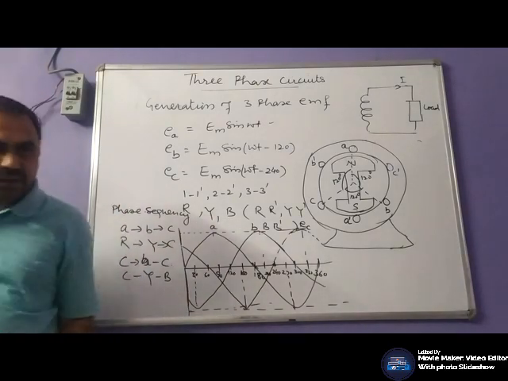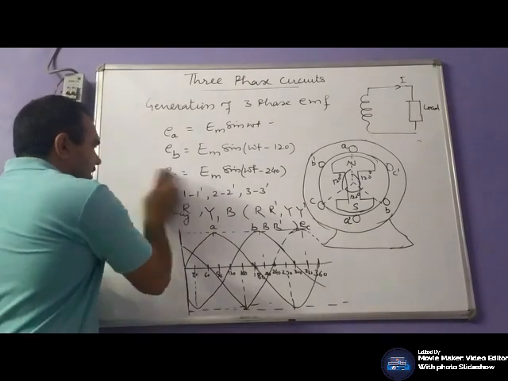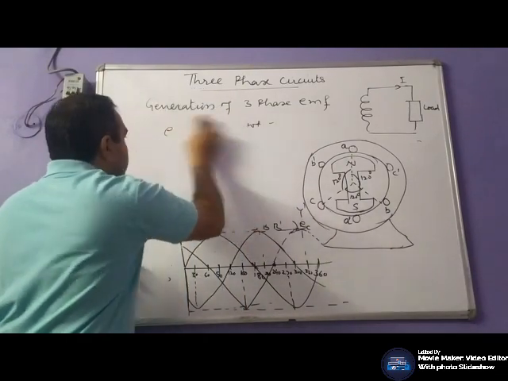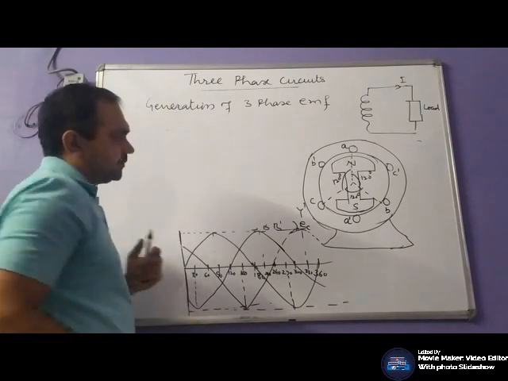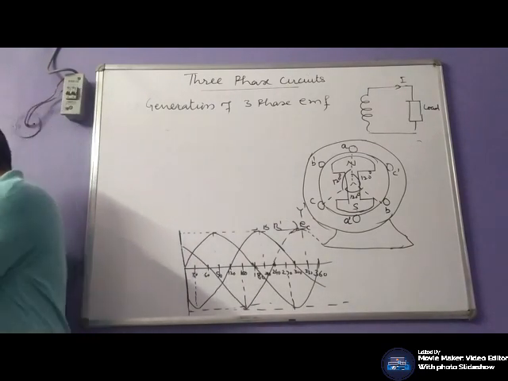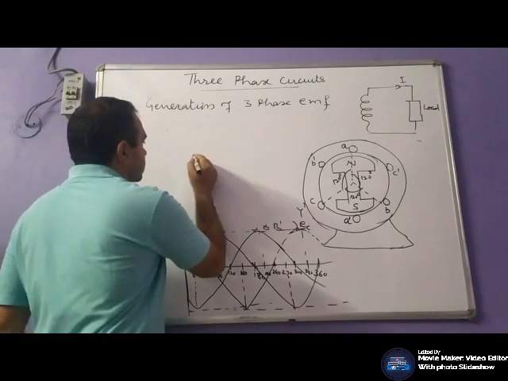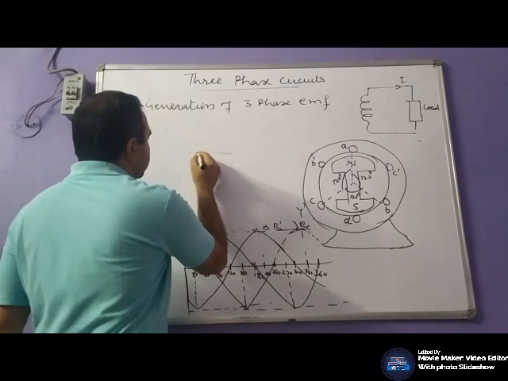We can draw the phasor diagram also. We have discussed earlier that a phasor diagram is just a representation of an alternating quantity by a line.